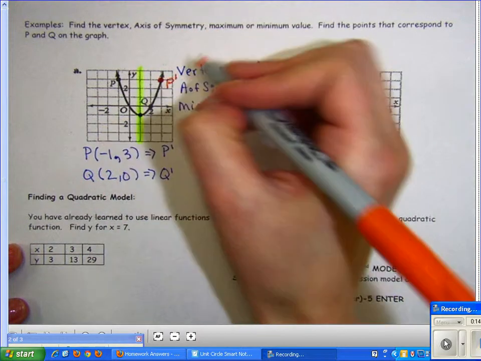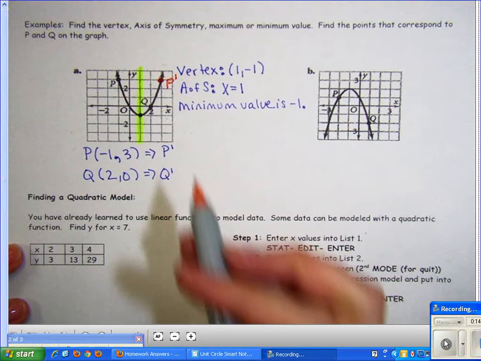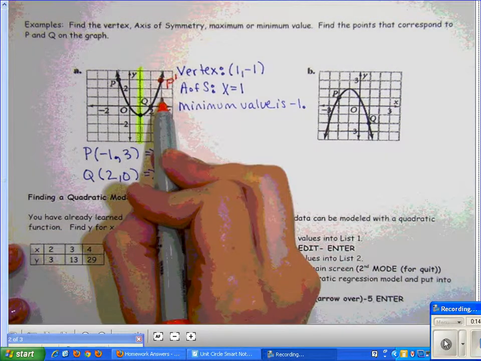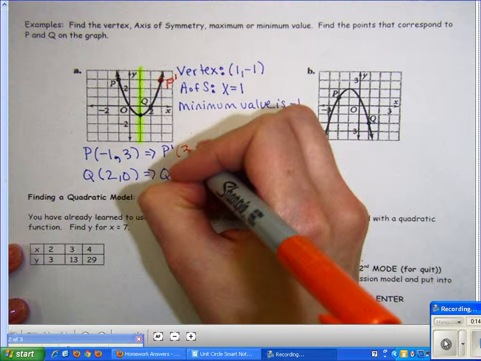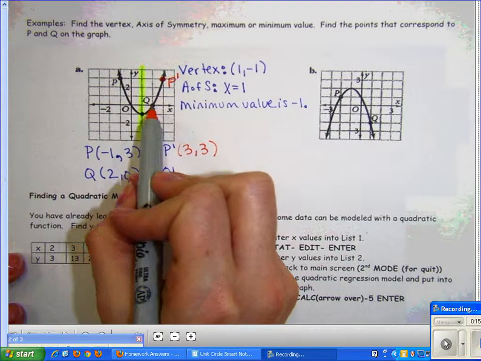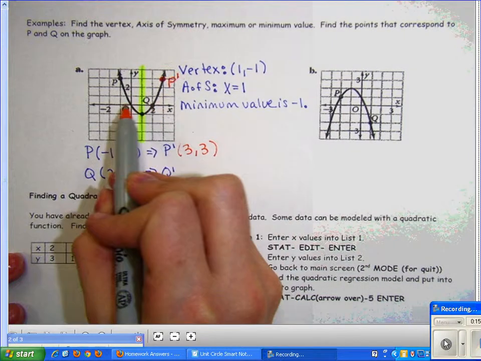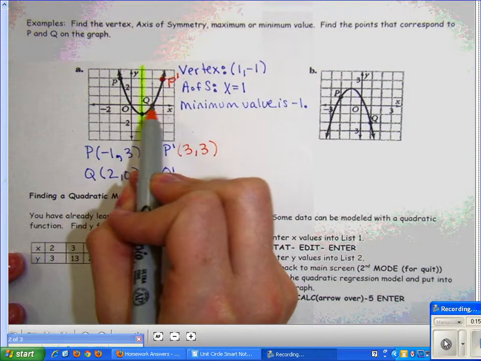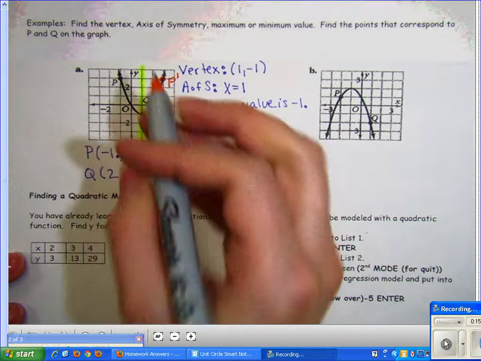So this would be P prime. So that point is at 3, comma 3. Now if I do Q prime, so Q is right here, so the point that corresponds to it would have to be on the other side of the axis of symmetry, so it's 1 away here, so it would be 1 away right here.